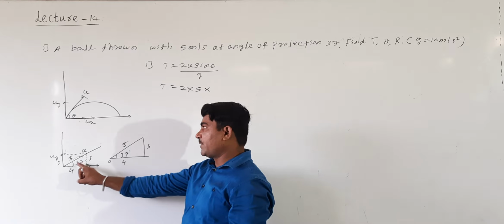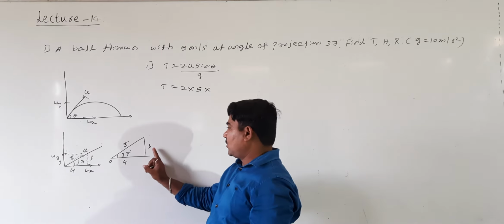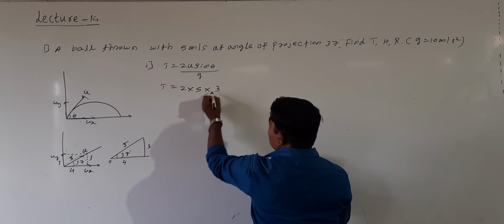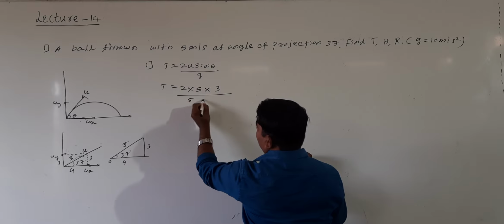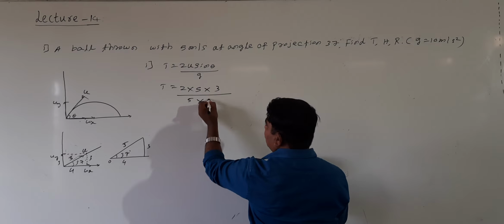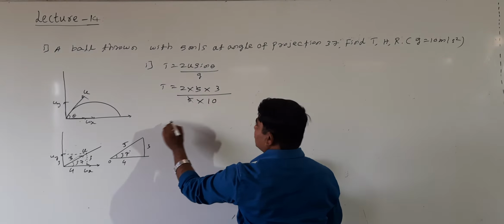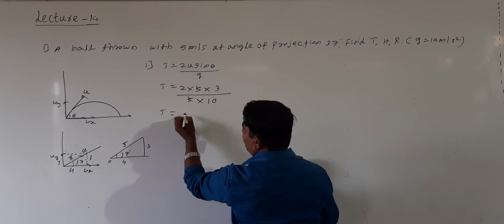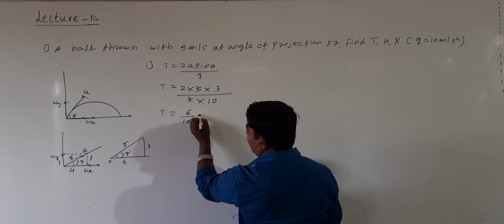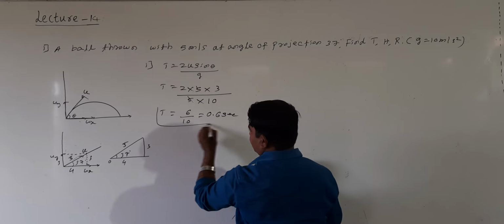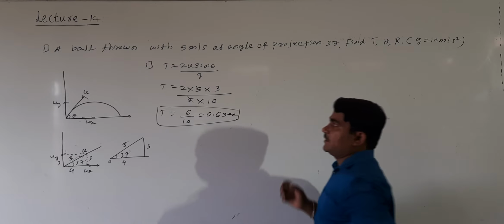It is 37 degrees there, right? Sin theta means opposite by hypotenuse, directly 3 divided by 5, divided by g equals 10. 5 gets cancelled. What is T then? T equals 6 divided by 10, which equals 0.6 second. So 0.6 second is the time of flight, right?